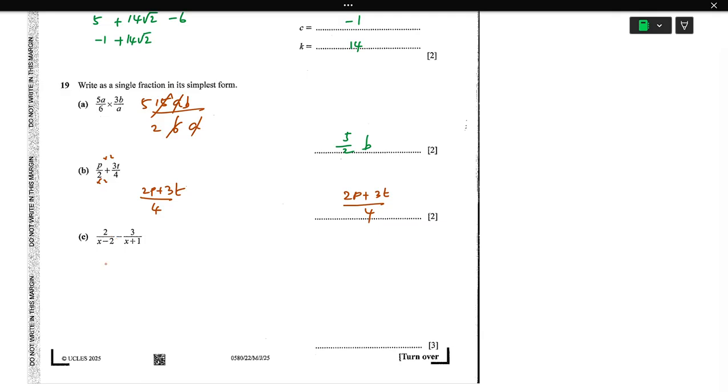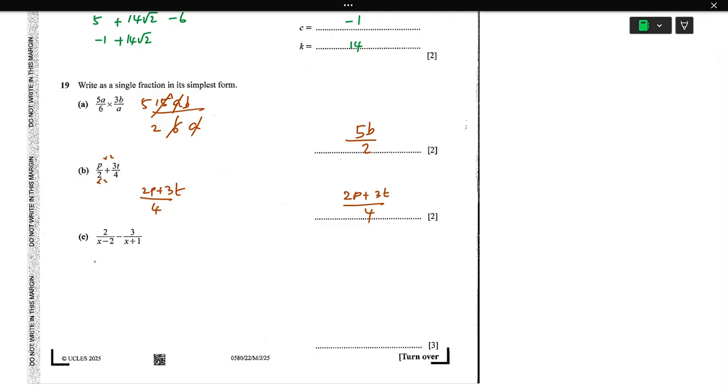Okay, so here this question we can write in the proper way, which is 5b over 2. We can write this way.